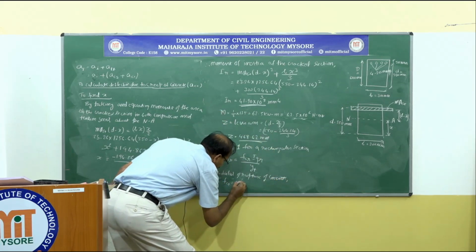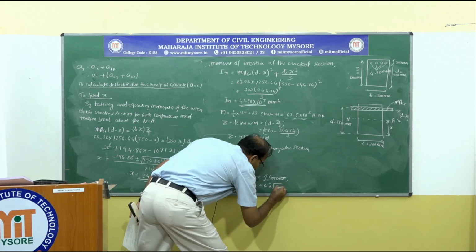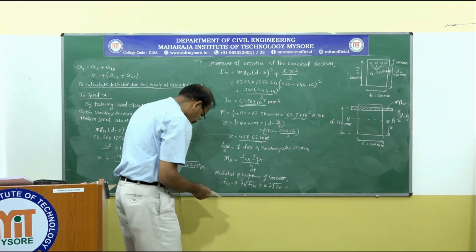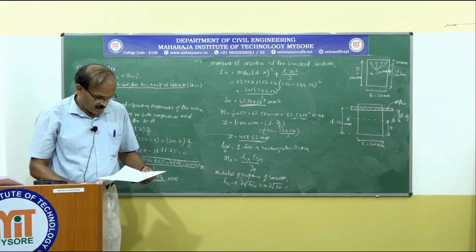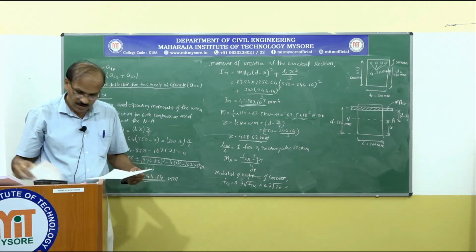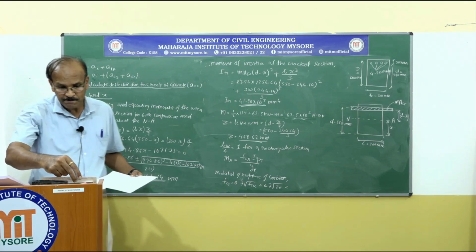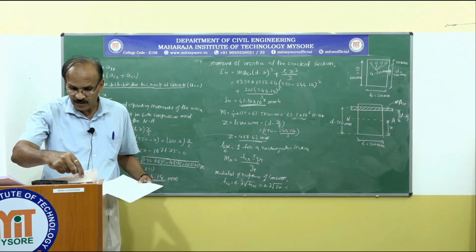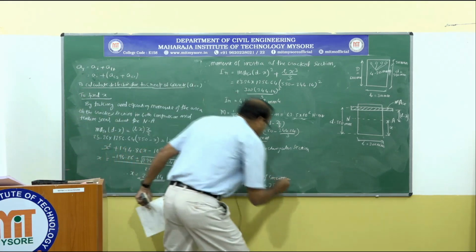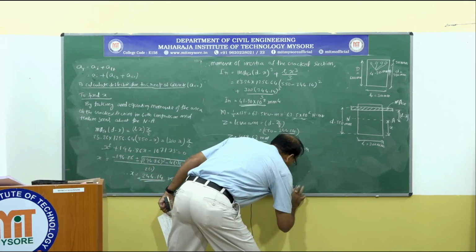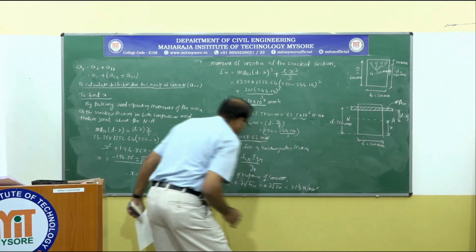fcr equal to 0.7 times root fck, that is equal to 0.7 times root 20, that value I calculated in the previous example. So that is equal to 3.13 Newton per millimeter square.